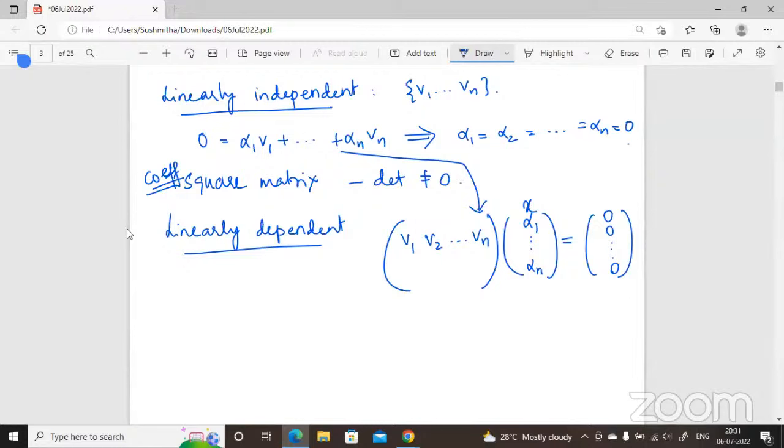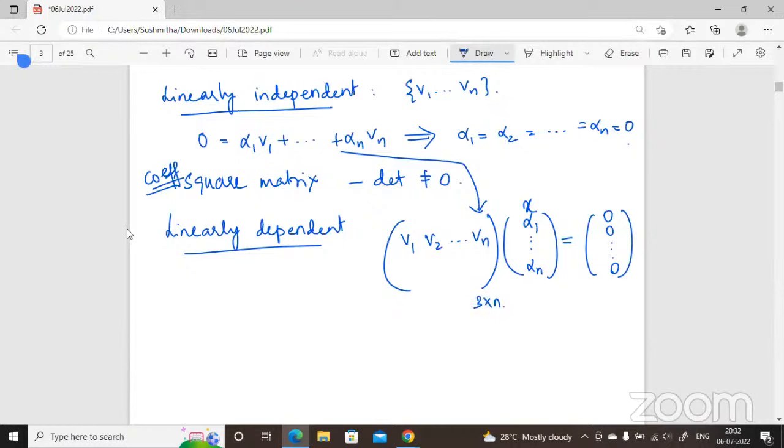Just try to form a homogeneous system of equations as we have studied in week 3. If v1, v2, vn are all vectors in R3, you're going to have 3 components each, so you will get a 3 cross n matrix: 3 rows and n columns. Ma'am, you said it is a square matrix.